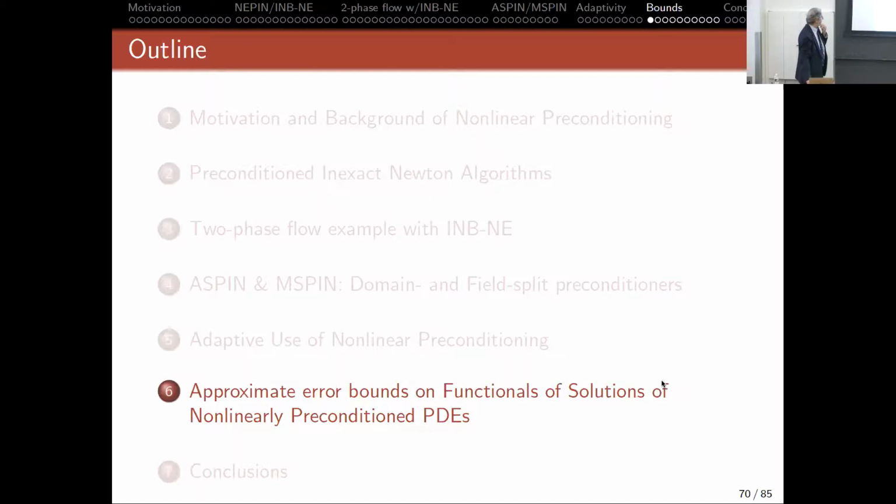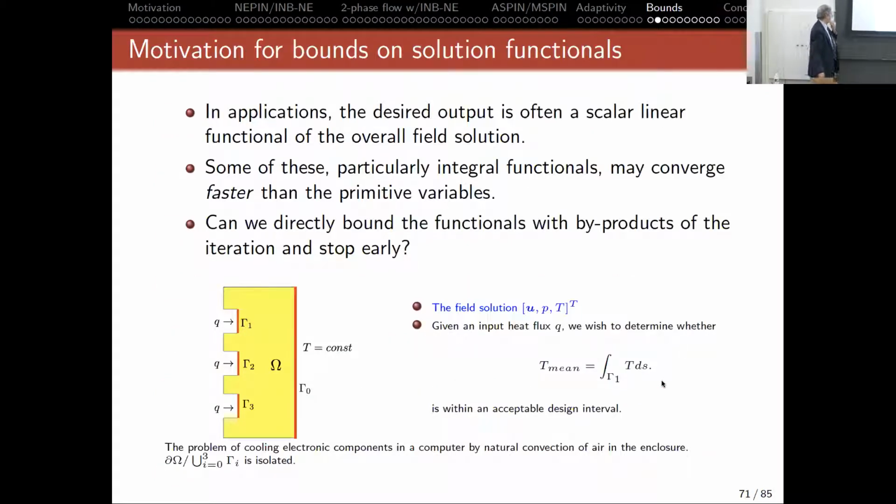So another cute idea, once you have this mechanism set up: oftentimes when we solve PDEs, we don't really care about the field at all points. We care about some functional, like the integral of a flux over a surface, or the value at a point, or some average.